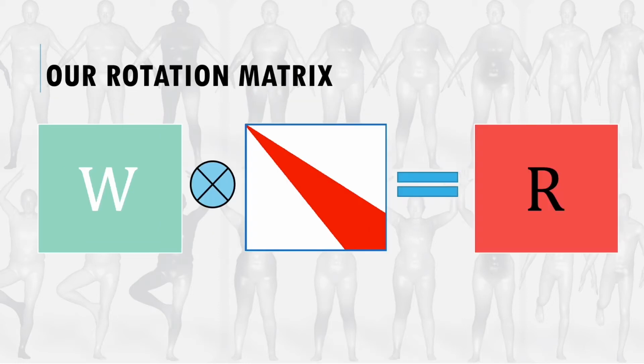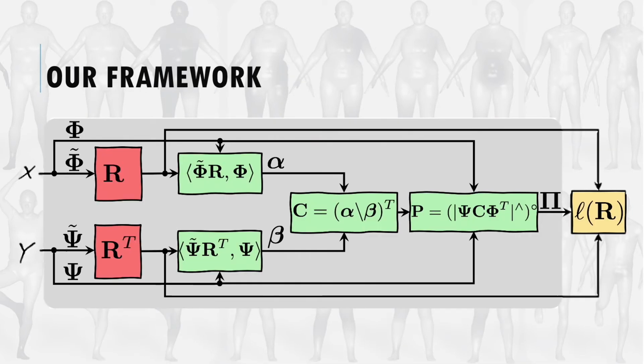To find it, first of all, we use our knowledge on its structure, and we impose a band structure by a Hadamard product of a mask with a learnable weight matrix, which results in the matrix R that you see here. This is the matrix that we optimize in our framework. This is our framework. In it we use both the LBO eigenfunctions and the scale invariant LBO eigenfunctions.